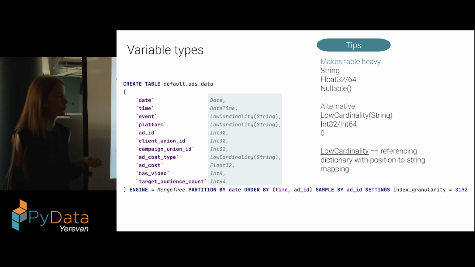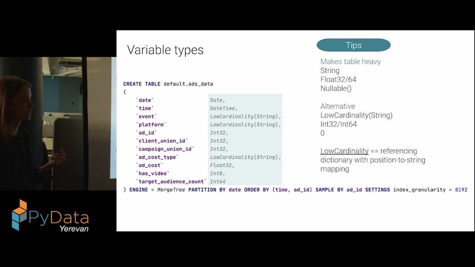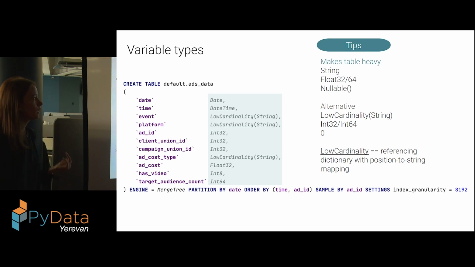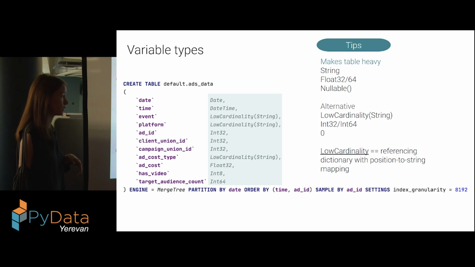Also, if you would like to write a lot of floats, if you have a lot of columns with float variables, you probably need to consider other relational databases or databases that are more suitable for OLTP. But if you can round them and write ints, do that, and you will save a lot of memory for your company.